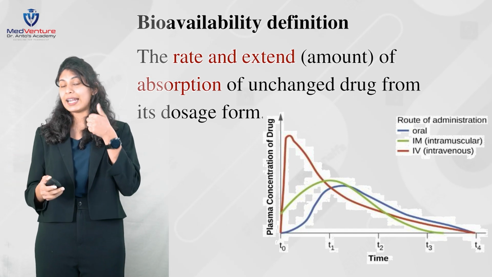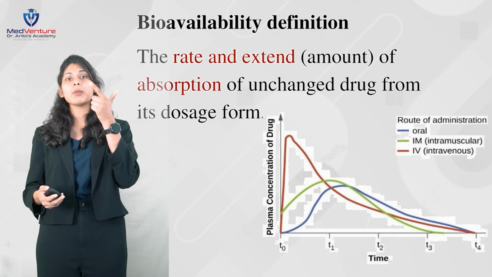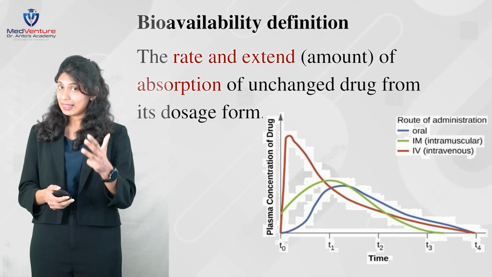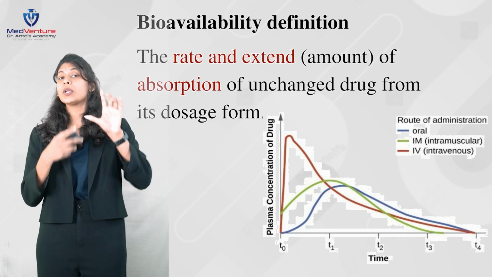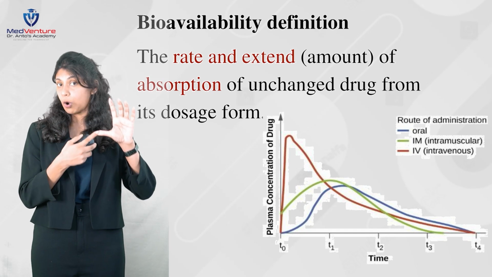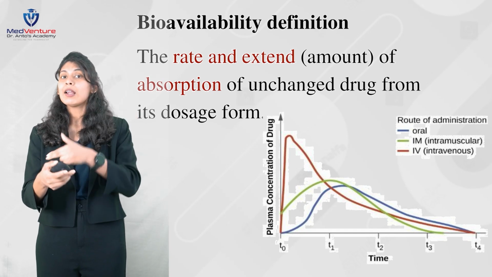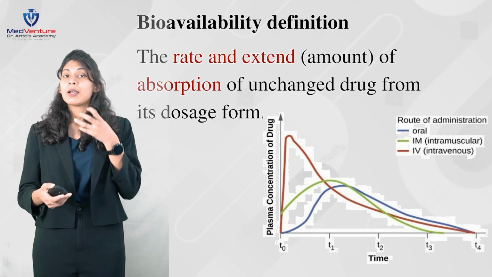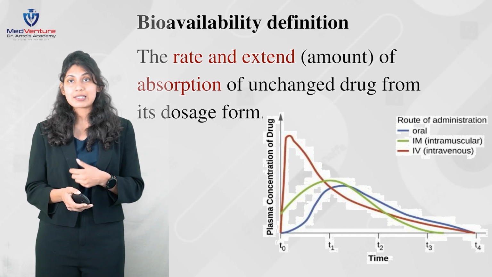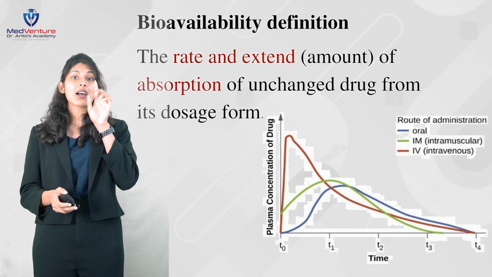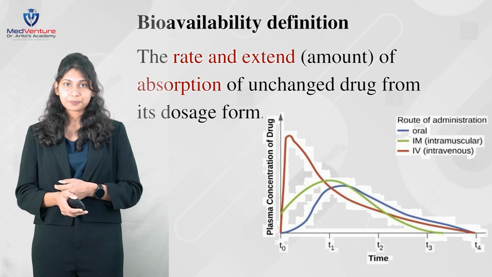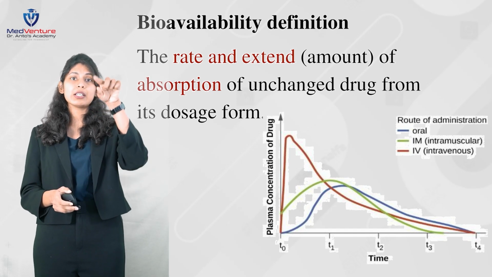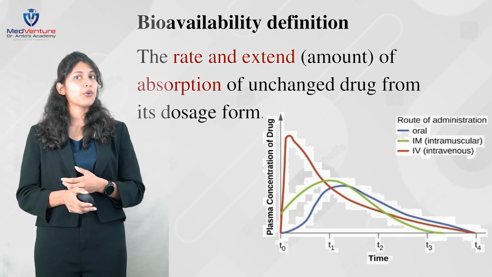All of you know about ADME: absorption, distribution, metabolism and elimination. In that, for an intravenous drug, we don't see the absorption. Why? Because we're directly getting into the distribution phase, because we're giving the drug directly into the systemic circulation. That is why it is 100% bioavailable. That's why the graph is the highest for intravenous.